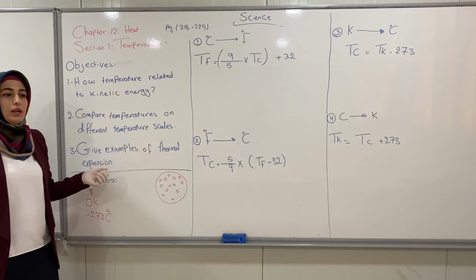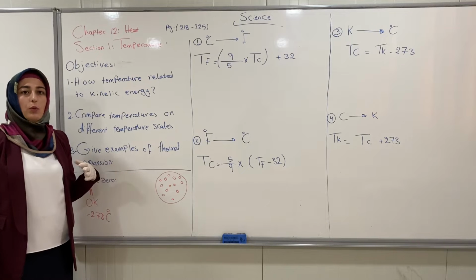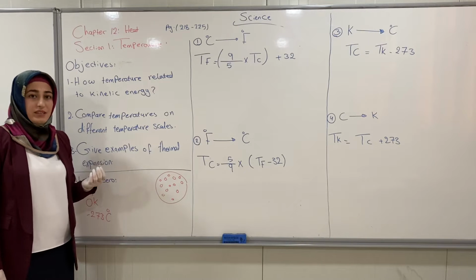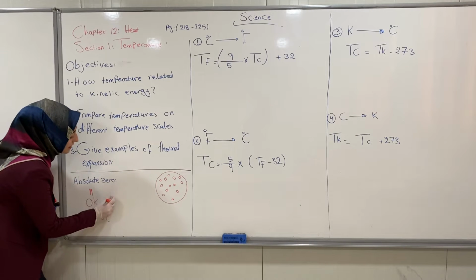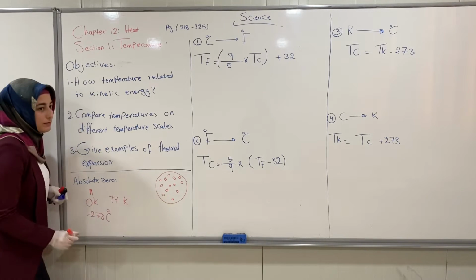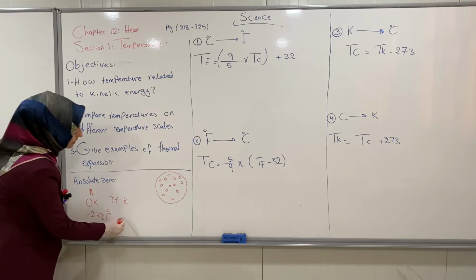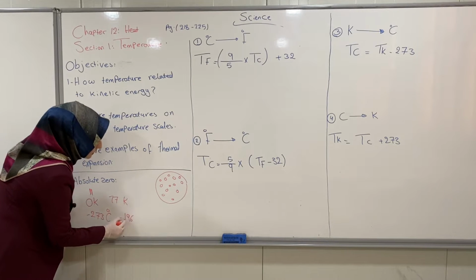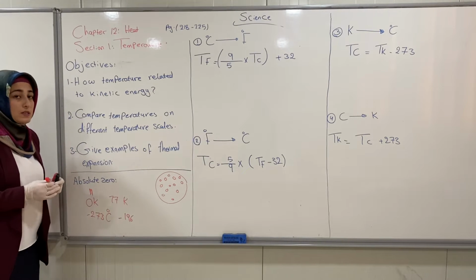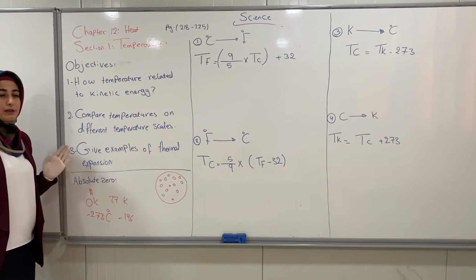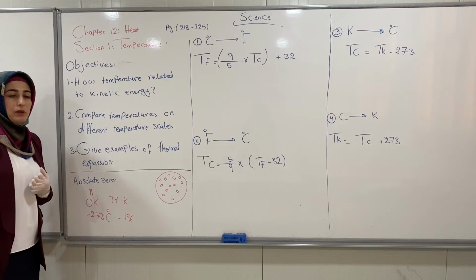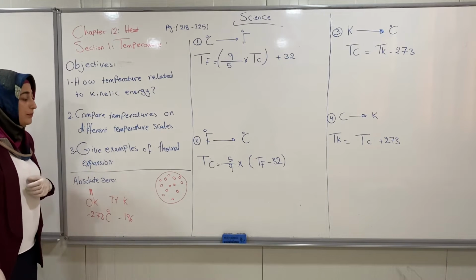For example, we can preserve our tissues or materials inside liquid nitrogen, which is 77 Kelvin, and it's minus 196 degrees Celsius. So gaining 0 Kelvin, or even a temperature close to it, in the laboratory is impossible.